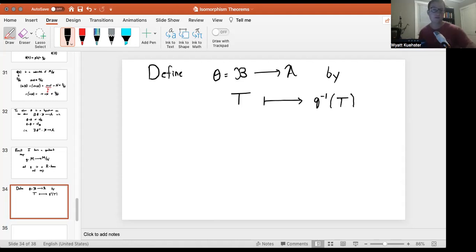Have I defined pre-image? I don't think I've defined pre-image. So the pre-image, okay, aside, the pre-image, which the notation is the same as Q inverse, but Q is a surjective map. It doesn't have an inverse.